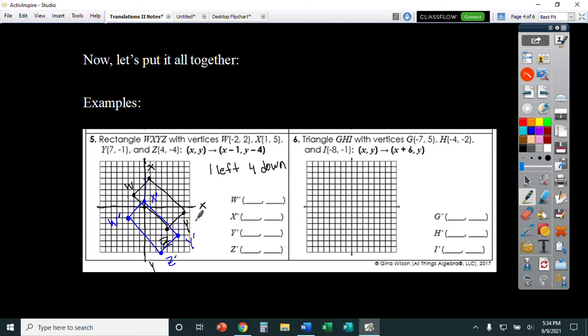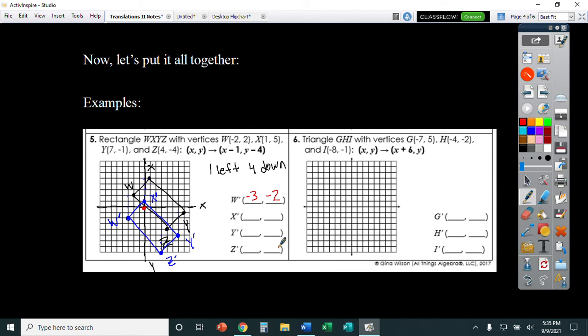Okay. Now over here, I need to list the coordinates of w prime. So remember, this is the origin right here in the middle. Let me try red now. This is the origin right here. Okay, so if I count over 1, 2, 3 to the left, which is a negative 3 from the origin. And then you move 1, 2 down, which is a negative 2.